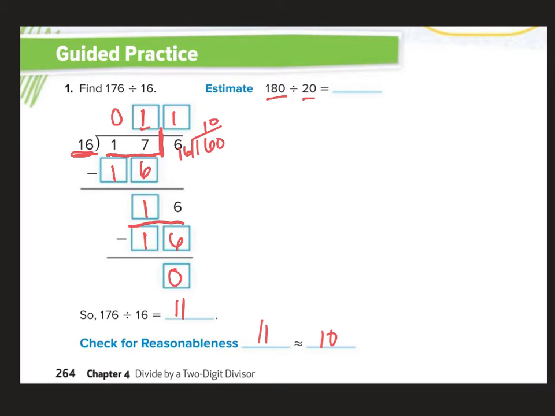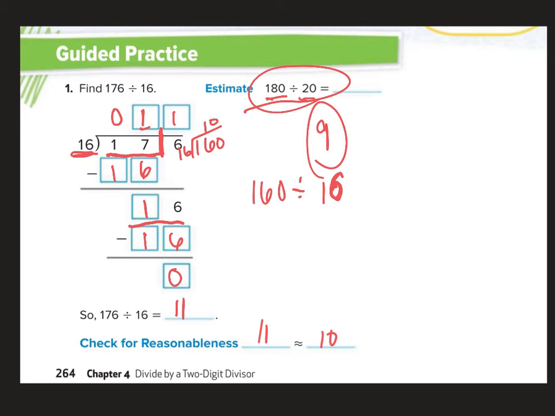I kind of like mine better though. 18 divided by 2 would be 9, so their estimate would be 9. I think I'm a little closer at 10. Interesting. They chose 180 and 20. I didn't even see that there, and I chose 160 divided by 16.